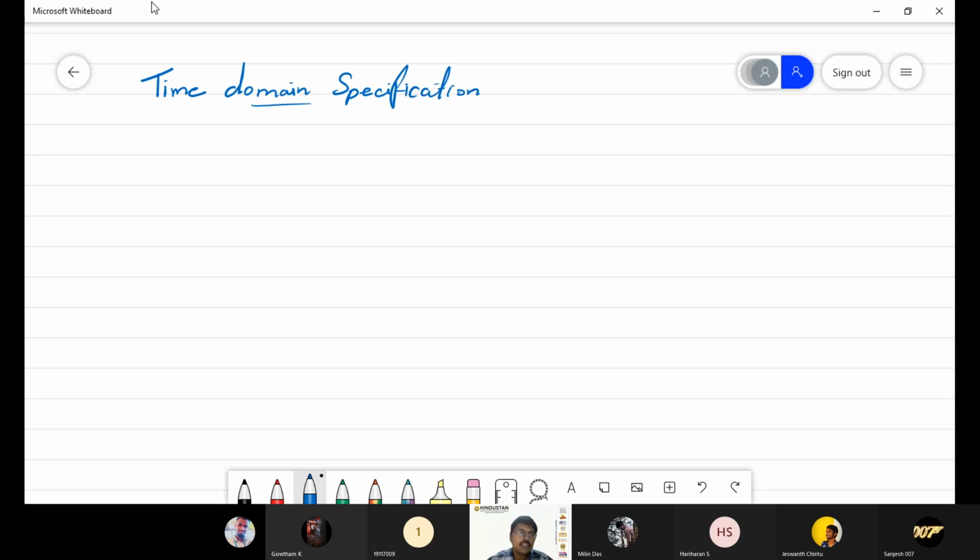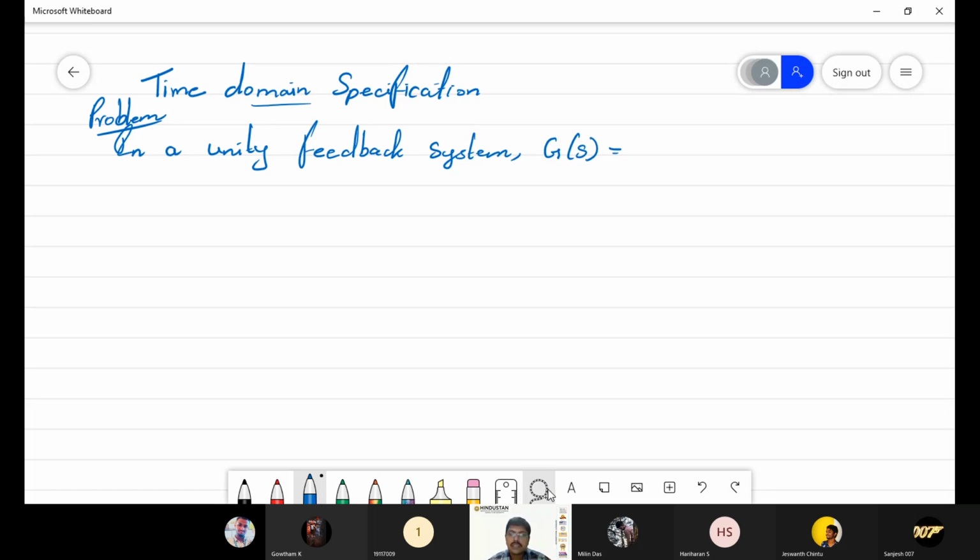In a unity feedback system, I'm writing the problem. The open loop transfer function G(s) is given: G(s) is equal to 10 divided by s into (s plus 2).